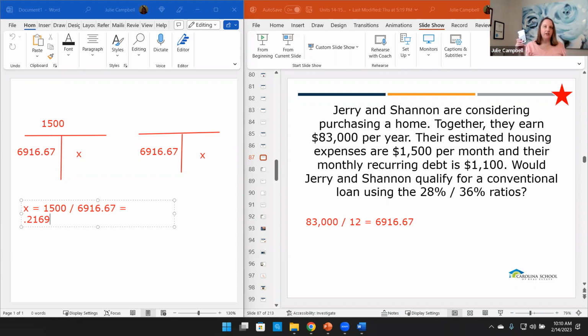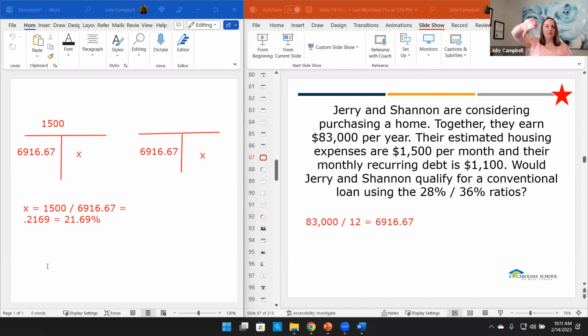What your calculator gives you is a rate. What we need to do is convert that rate to a percentage. And how we convert a rate to a percentage is we just move our decimal over 2 places to the right. So the rate of 0.2169 shakes out to 21.69%.